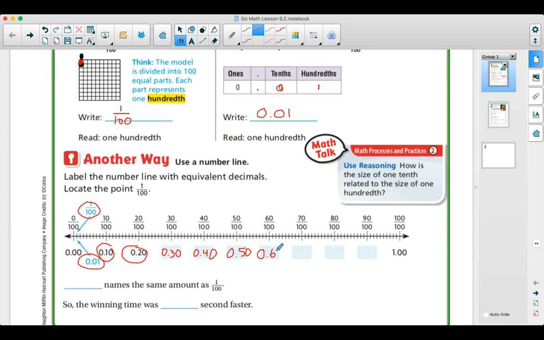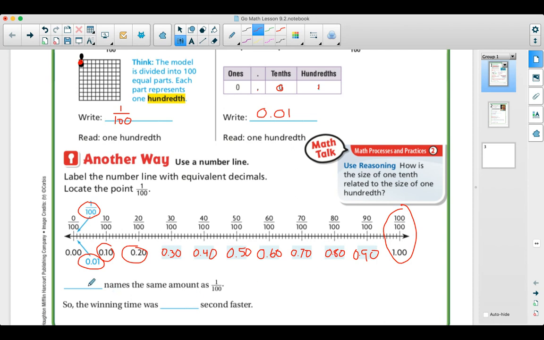If you don't add the 0, this is now 6/10ths. We want 60/100ths. 0.70 is 70/100ths. 0.80. And how do you write 90/100ths? 0.90. 100/100ths is equal to 1.